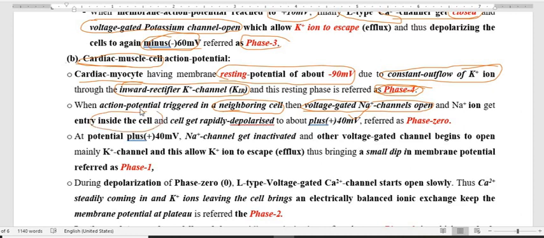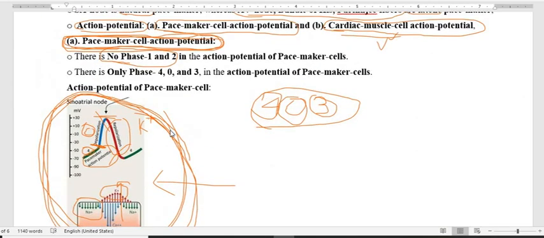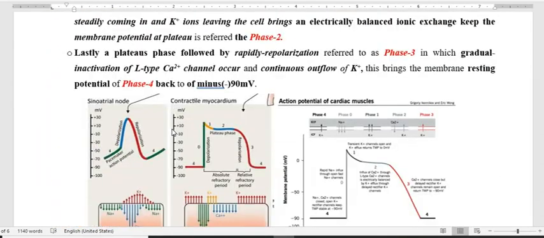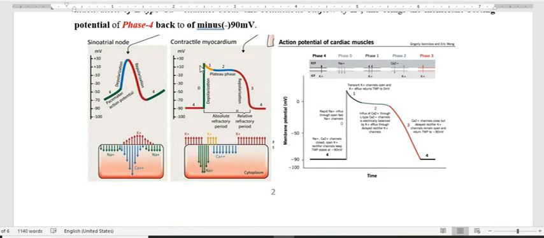This gives rise to rapid depolarization, and the potential changes from minus 90 millivolt to plus 40 millivolt, and this phase is called phase 0. This is phase 0, and this is the resting potential, phase 4.